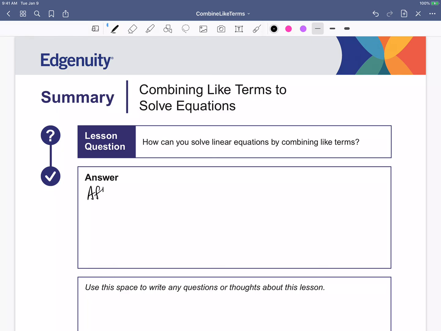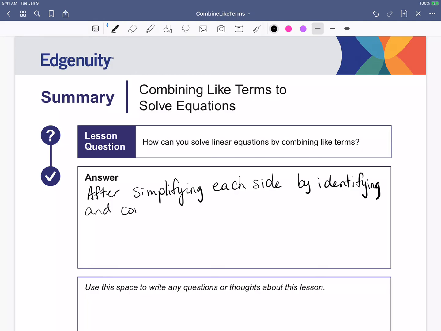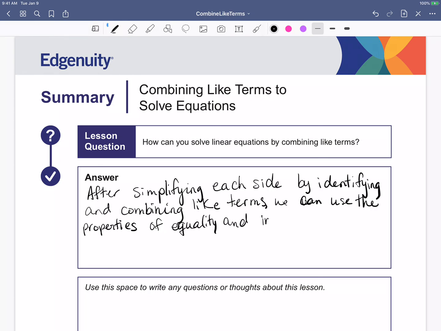So our answer should be, after simplifying each side by identifying and combining like terms, we can use the properties of equality and inverse operations to finish solving for the variable.